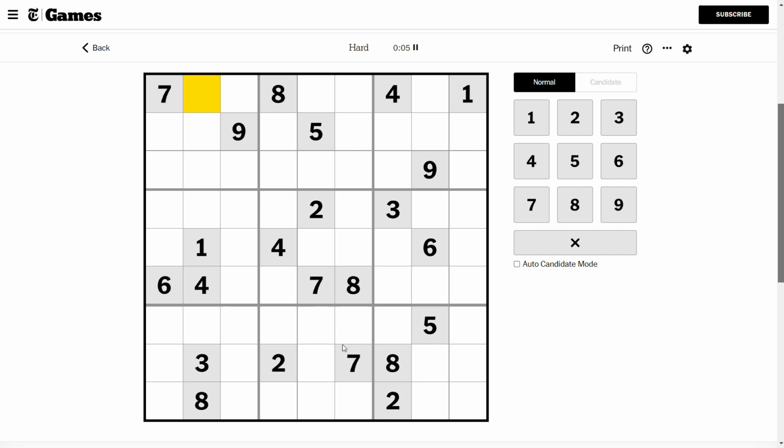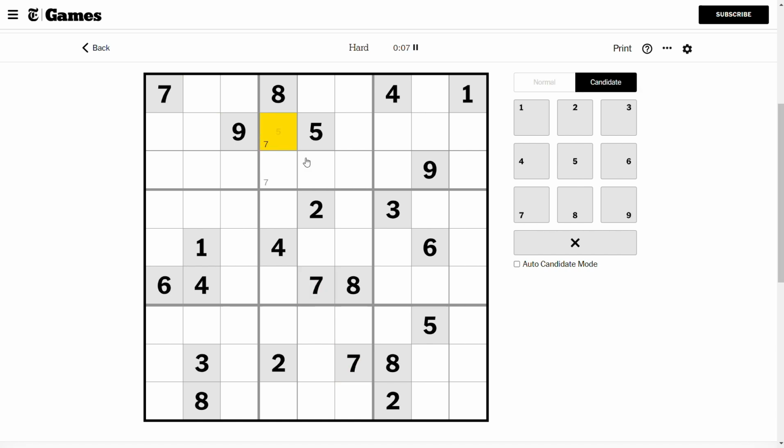I see that these sevens point up. These nines force the digit 9 into one of these two cells in block 2.